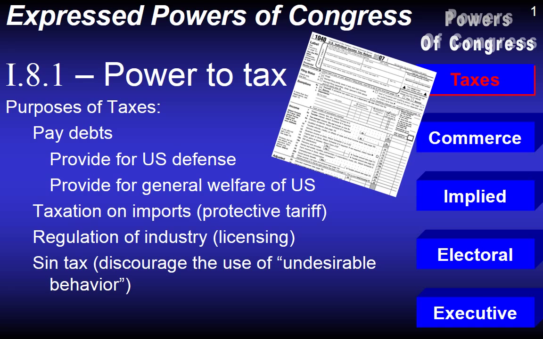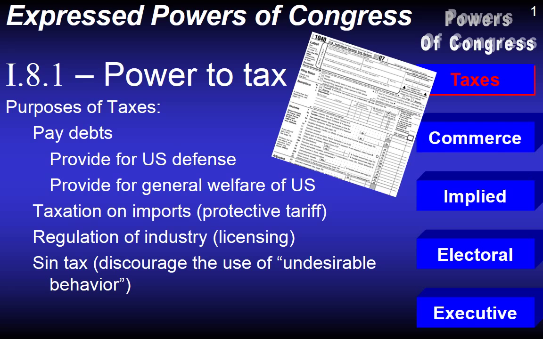But there are other reasons to have taxes as well, and one would be a protective tariff. Yes, the money coming in does go to the federal treasury, but what a protective tariff does is this: if you have an import coming into the country and it's less expensive than what someone is making in our own country, then the people who are making the more expensive item in country are not going to be able to sell at what the import is selling at.